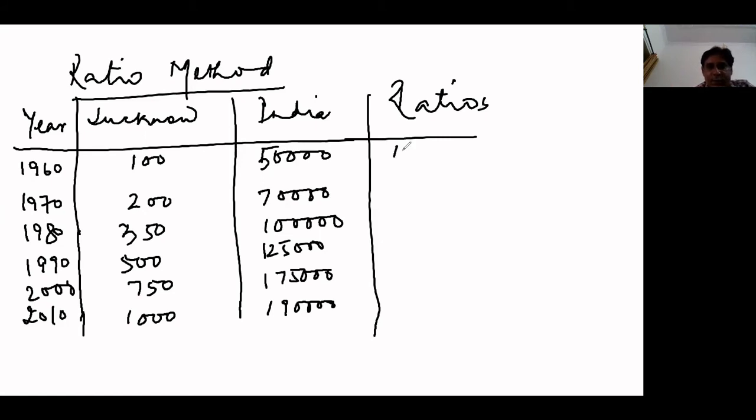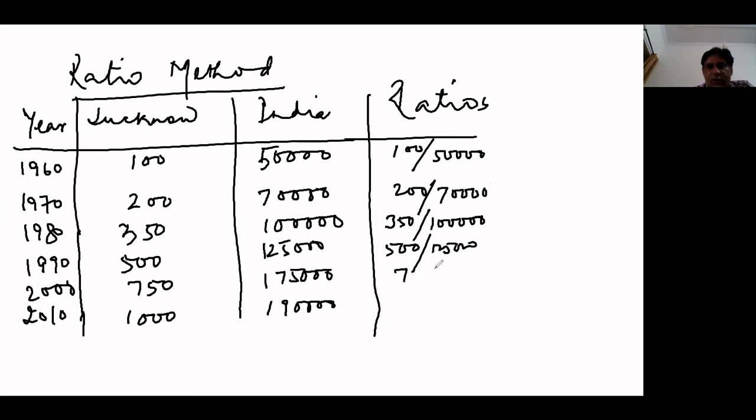The ratio would be 100 by 50,000, then 200 by 70,000, 350 by 1 lakh, 500 by 125,000, 750 by 175,000, 1000 by 190,000.